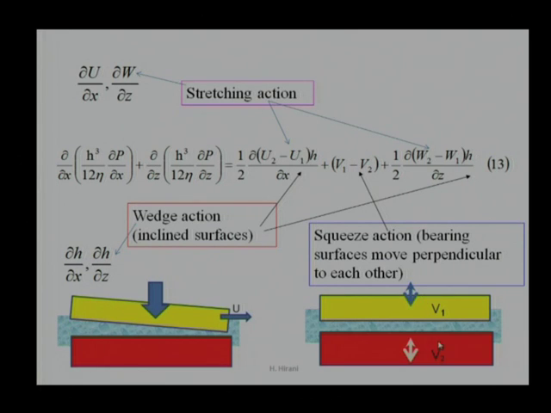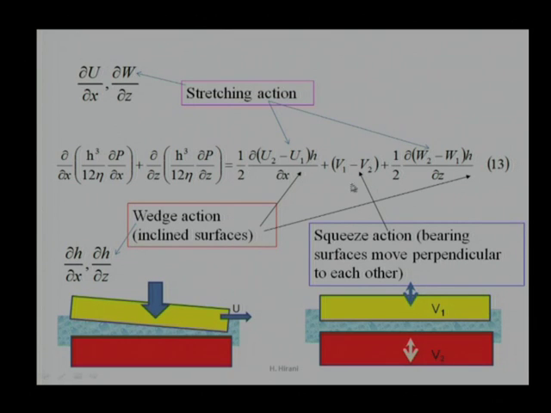The change in film thickness may happen if there is a relative velocity, with this plate moving up and moving down; there will be a change in h, and that will be a source term to develop pressure. Because of this squeeze action, there will be pressure generation, or in other words, whatever source term we choose, there will be pressure generation. This is a hydrodynamic action, this is a hydrodynamic action, this is a squeeze action.